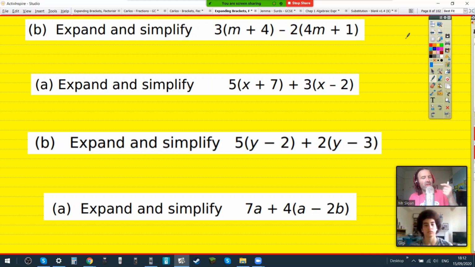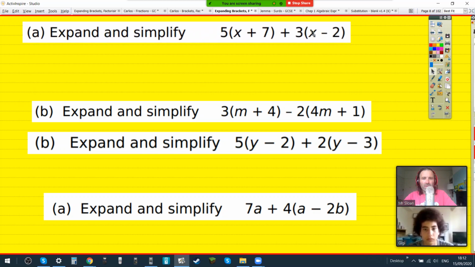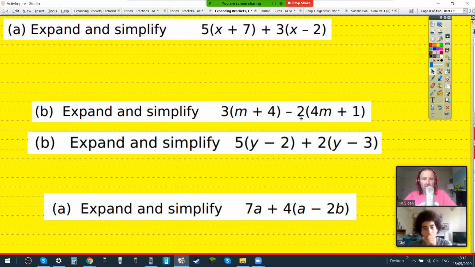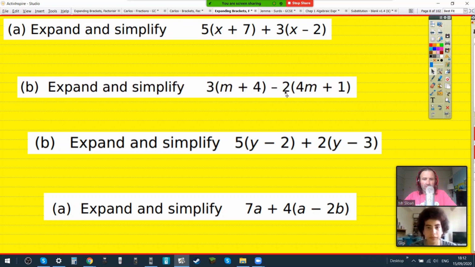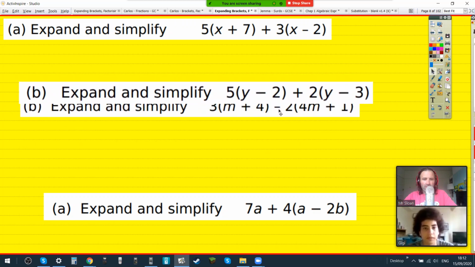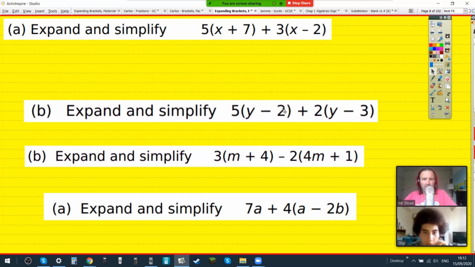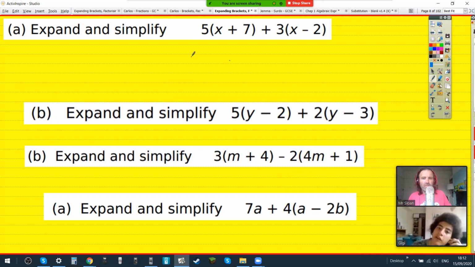All right. Okay, pairs of brackets. Let's try top one. Okay. Hold on. Is this a good order? Let's try this order. Yeah, let's try that one first. 5x plus 35 plus 3x minus 6.